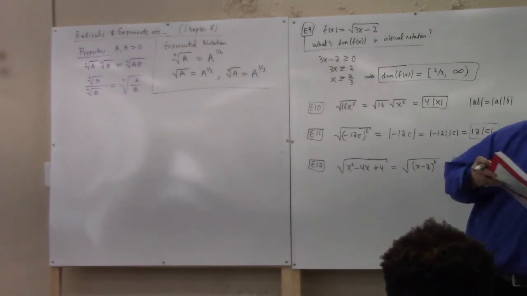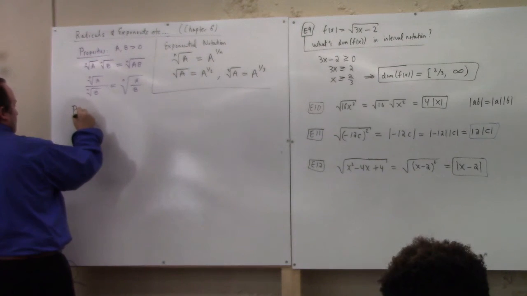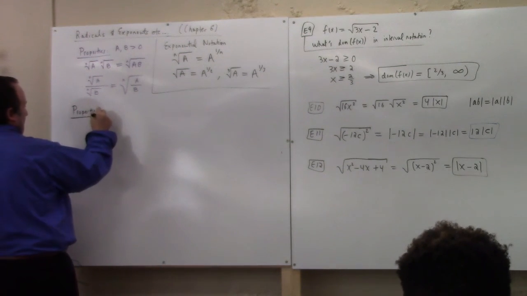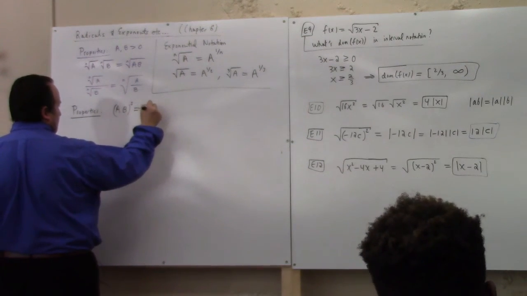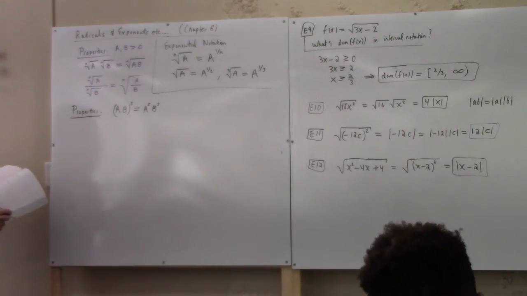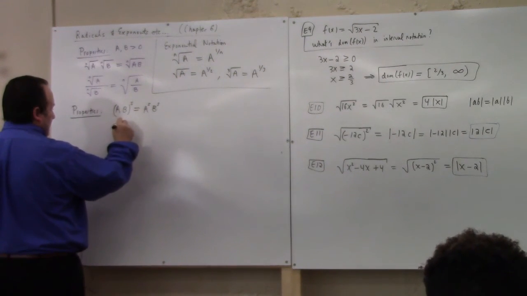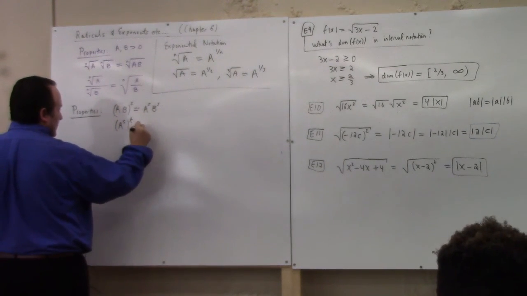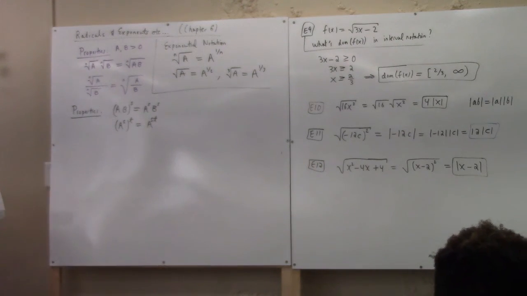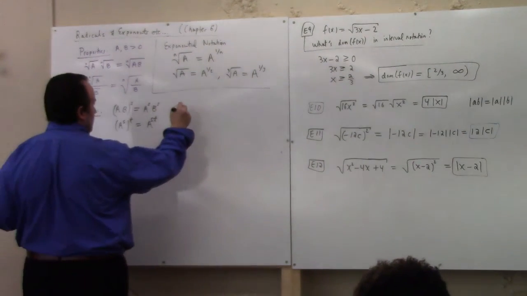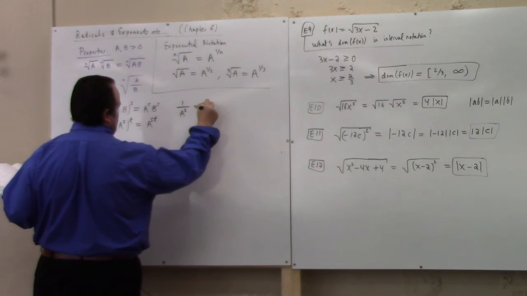Here we go. So there are properties that I should write for you. Properties. If we have ab raised to the s power, we get a to the s times b to the s. So this is one property of the exponents that's important to know. Another one is if we have a to the s raised to the t power, we get a to the st. Another one that we have to use sometimes is 1 over a to the s is a to the minus s.